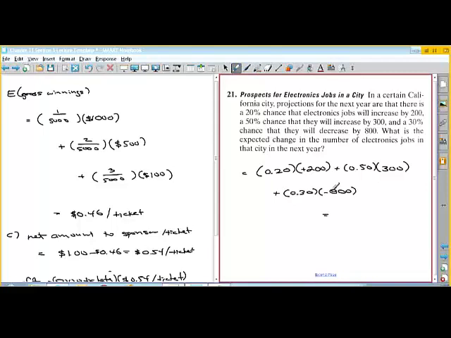When we put those into our calculator, 0.2 times 200 plus 0.5 times 300 plus 0.3 times negative 800, we get negative 50, which is what Harmony got. So the expected value is that they're going to lose 50 people being employed in electronics jobs over the next year.